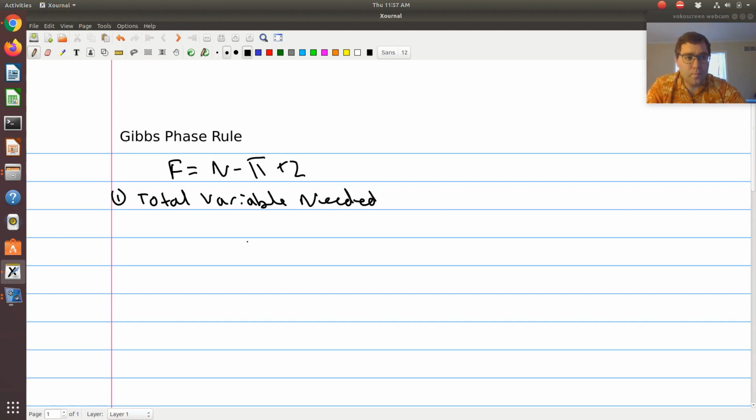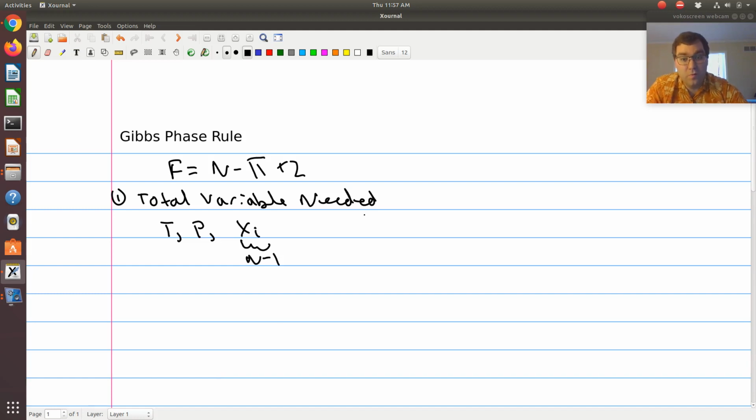So if I have a single phase composed of n components, in order to pin down the state of that system, I would need to specify temperature, pressure, and then the composition of n minus 1 of the components in my system.